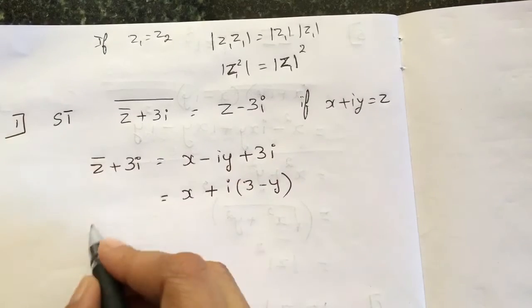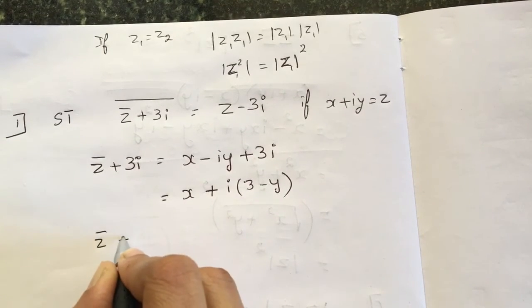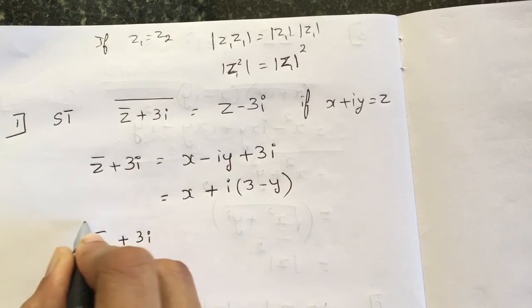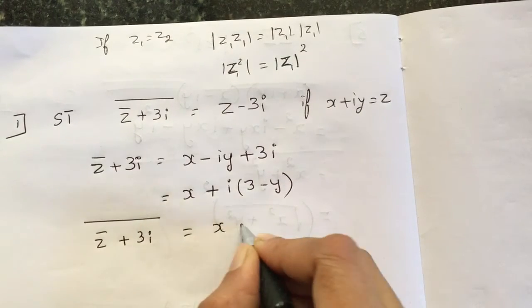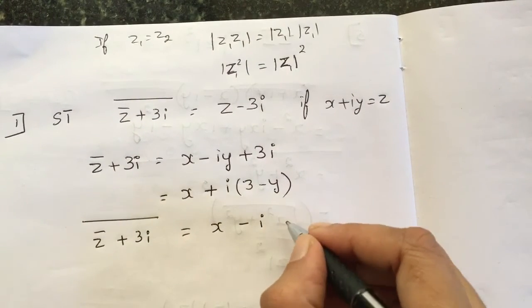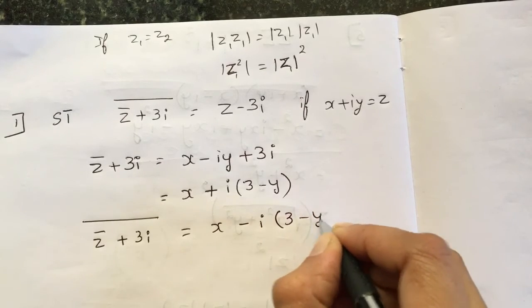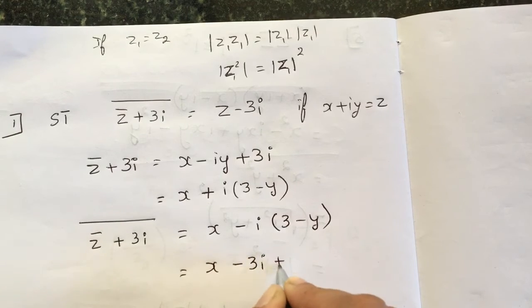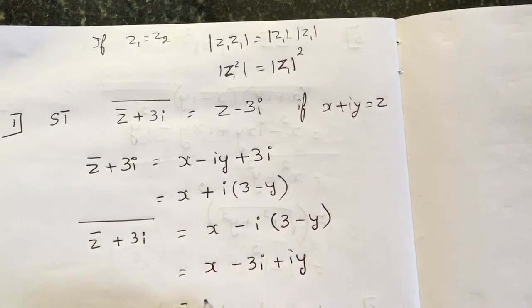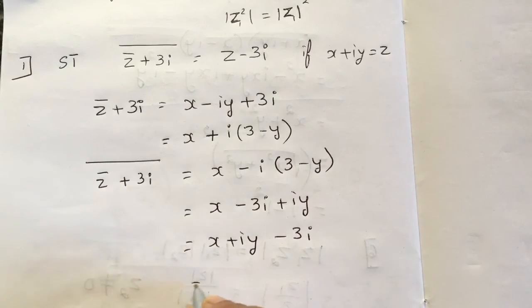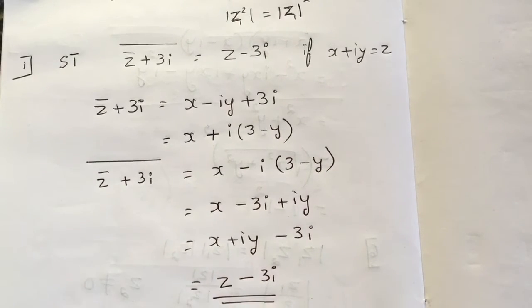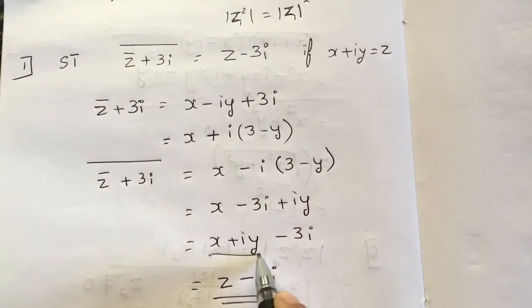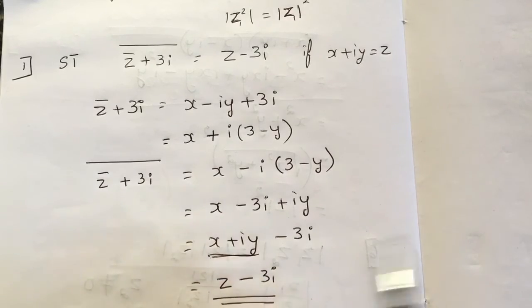Now I want its conjugate, the conjugate of z bar plus 3i. It must be x minus i into 3 minus y. So this is same as writing x minus 3i plus iy. So this is x plus iy minus 3i. So that x plus iy is z minus 3i. x plus iy is z. So minus 3i.